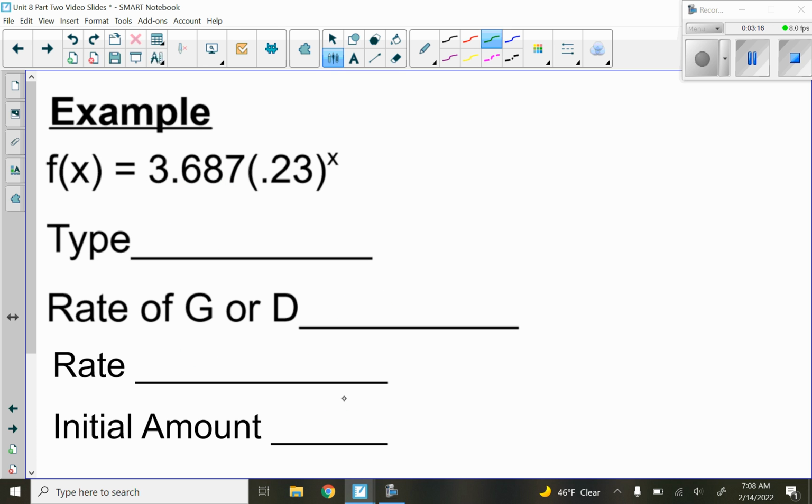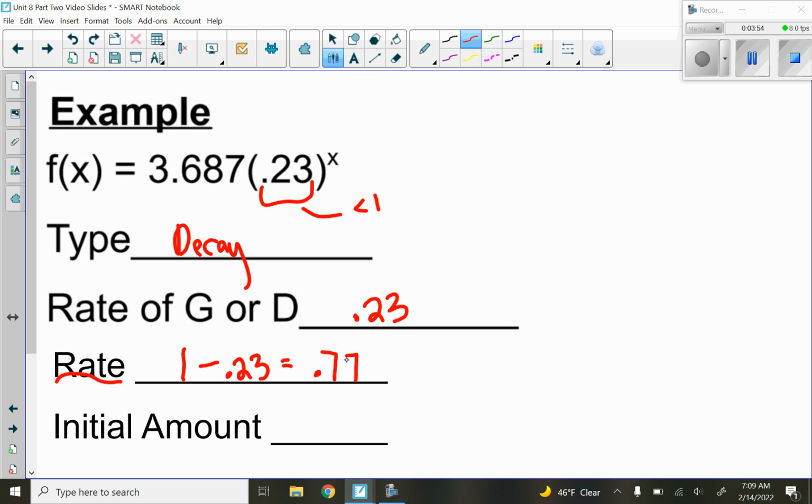All right, here's another example. It's a decay function because this is less than 1. So our rate of decay is 0.23. Now, because it's decay, when we're finding our rate, I have to take 1 minus that 0.23, which is going to equal 0.77.